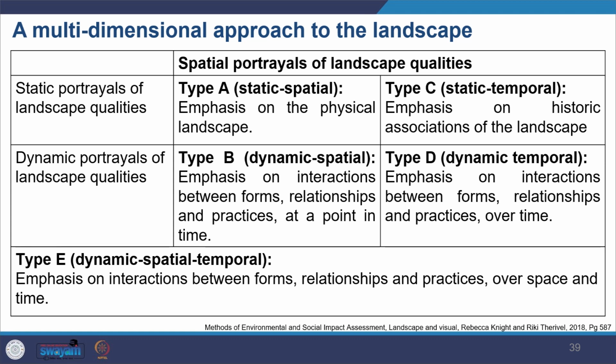And the last type, type E, has a dynamic spatial temporal emphasis on the interconnection between various forms and how these places relate over time and from space to space. So you see how static or dynamic these things are. Those categories have been developed and can be used when you do your EIA here.